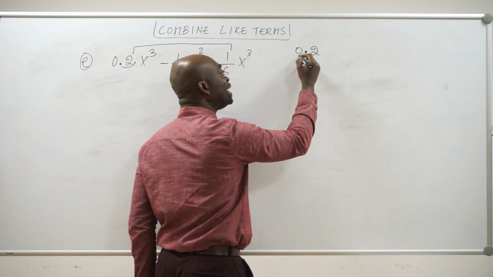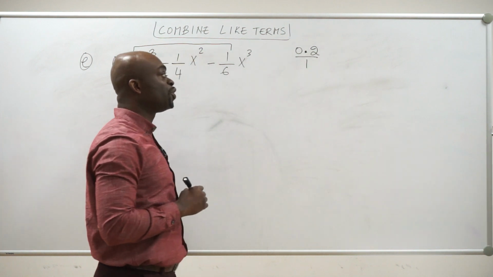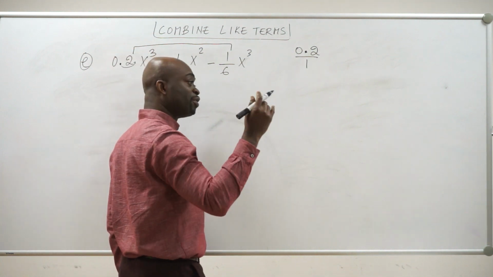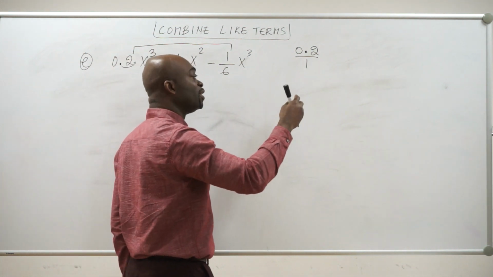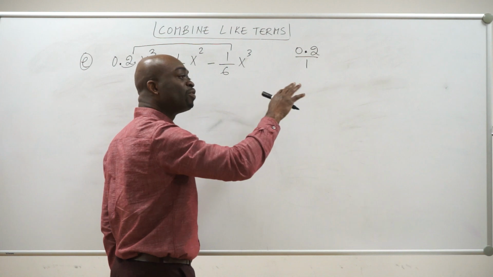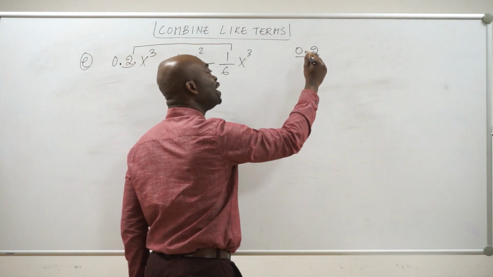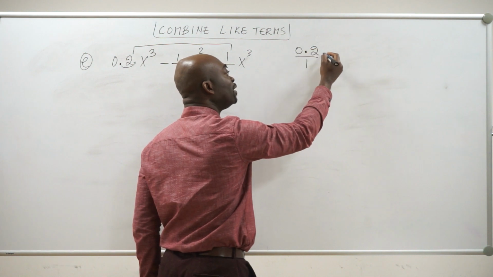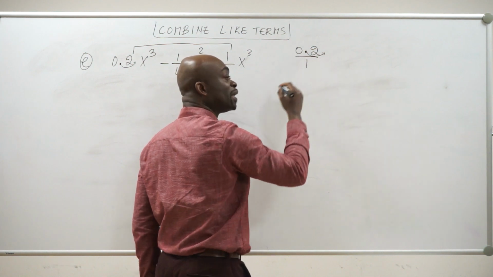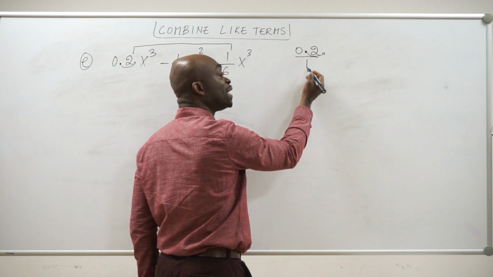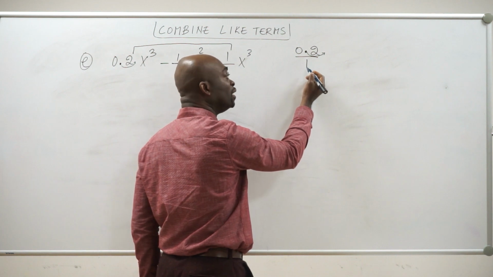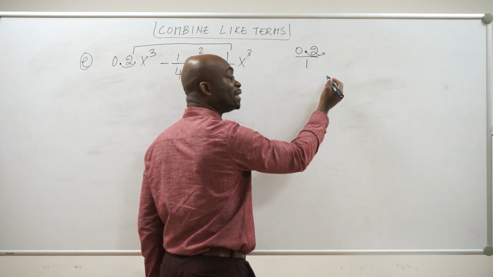So we can make it as a fraction. So it's 0.2 over 1. Because remember, we're trying to make up a fraction. So any number can be written as a fraction by putting 1 underneath it, okay? So now, if we move this one decimal place to the right, this becomes a 2. So we have to make an adjustment to the bottom one as well by multiplying by a 10.